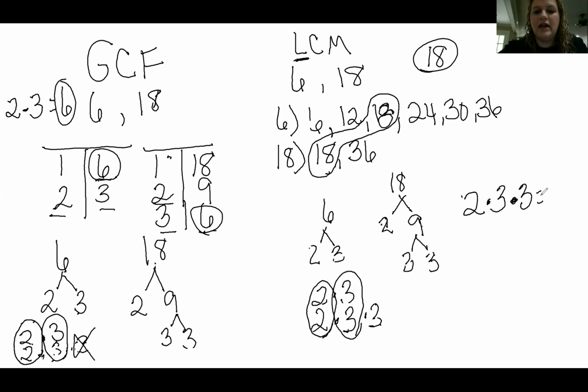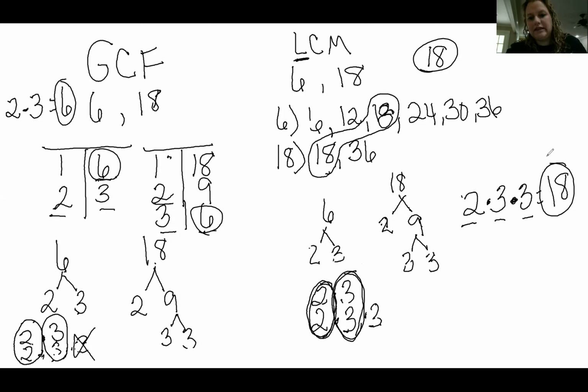Okay, so now we have the partners that became 1, the partners that became 1, and then this guy all by himself still gets to get multiplied too. So now we're doing 2 times 3 is 6, and 6 times 3 is 18, which is what we got whenever we did our multiple list.